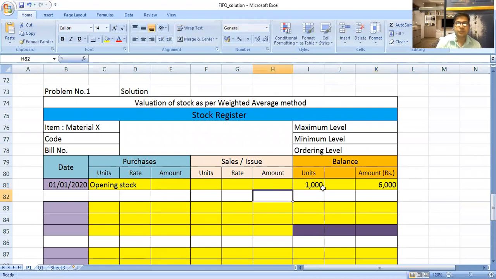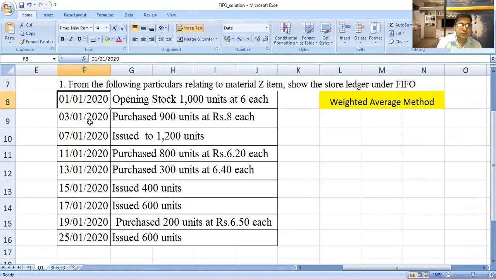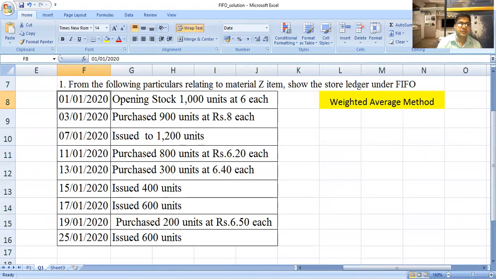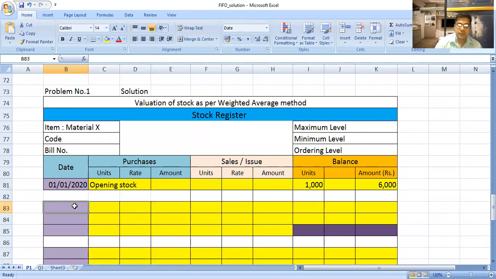After recording the opening stock on 1/1/2020, next on 3rd January 2020, they purchased 900 units at rupees 8 each. So we will record the purchase transaction. Date is 3rd January 2020, purchase column.